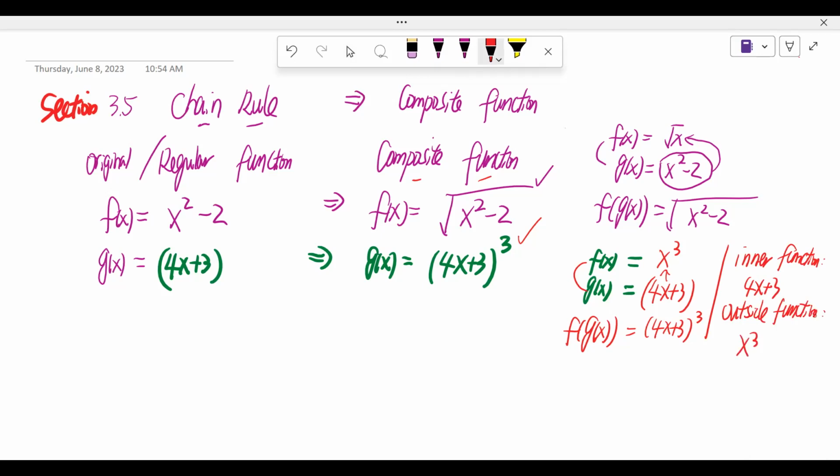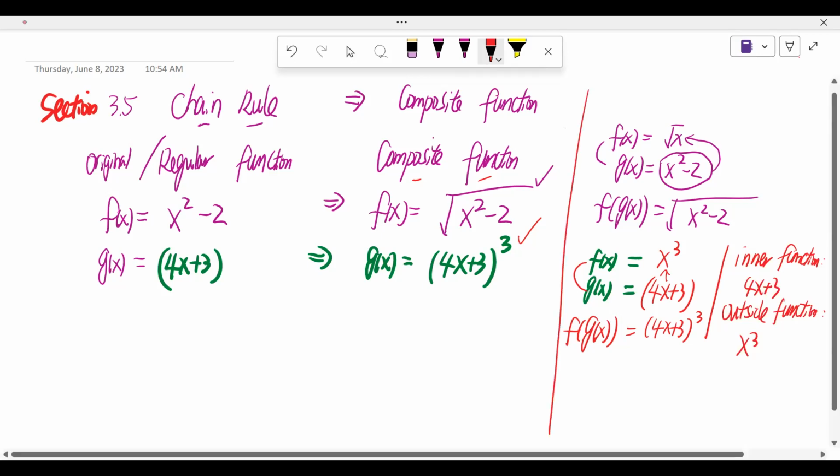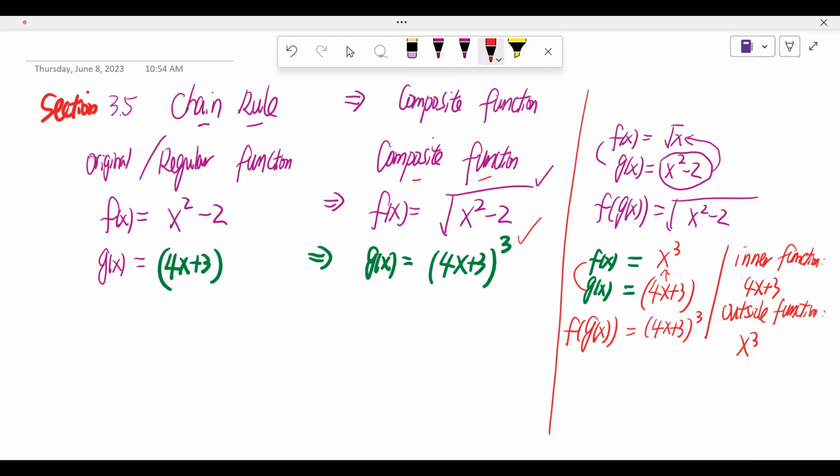We put these two functions together, and that's where the composition comes from. Remember in pre-calculus, you learned how to find the composition of two given functions. That's exactly what we're doing here. We just break it down into two basic functions.